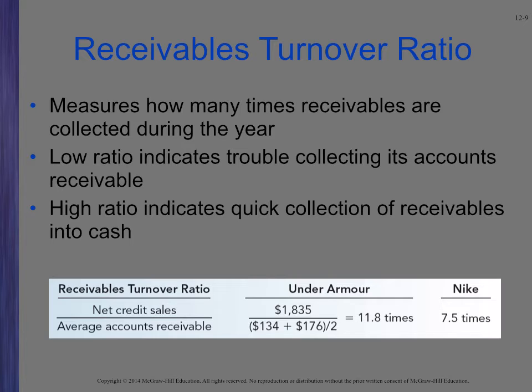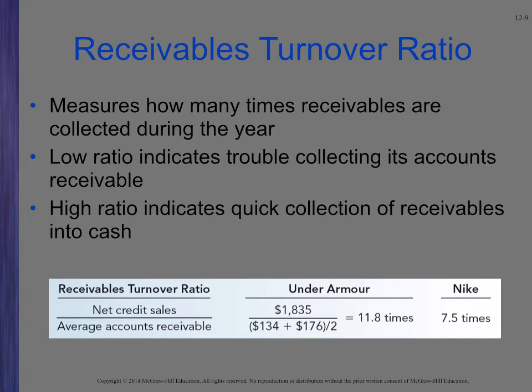So this ratio really indicates whether or not the company is able to collect its receivables during the year. A high receivables turnover ratio is a positive sign that a company can quickly turn its receivables into cash.